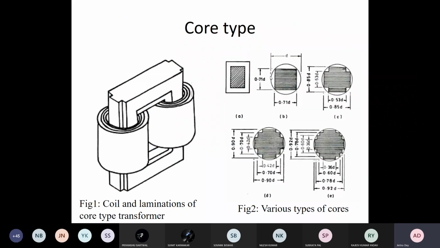And for the core type, the limb cross section, it should be better if you go for the circular one. So this is how you develop the circular cross section with the help of your stamping. Okay, not like your usual round thing, because you are using lamination to reduce the eddy current loss.